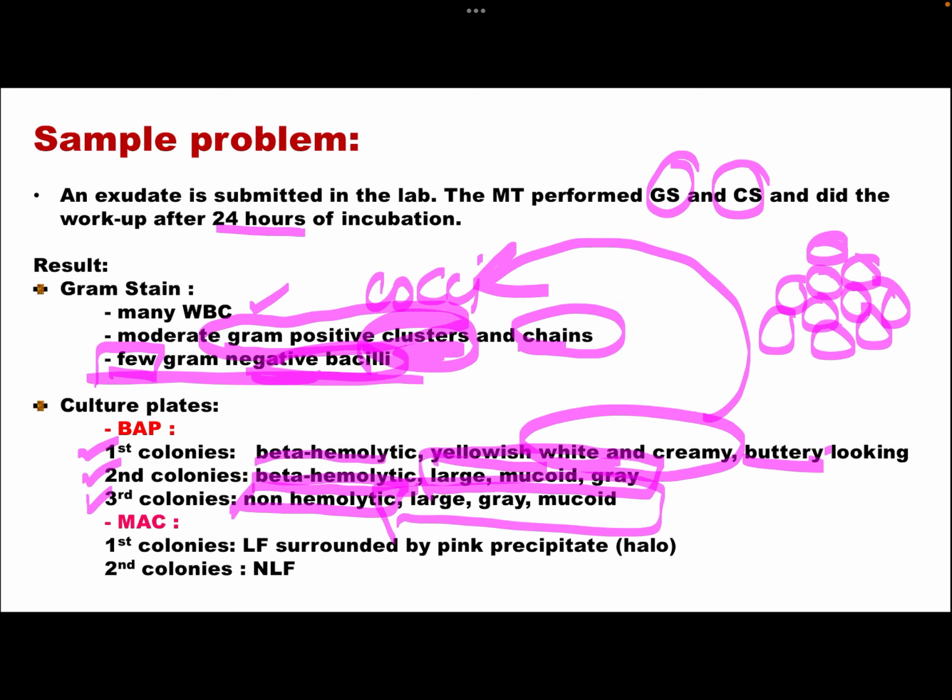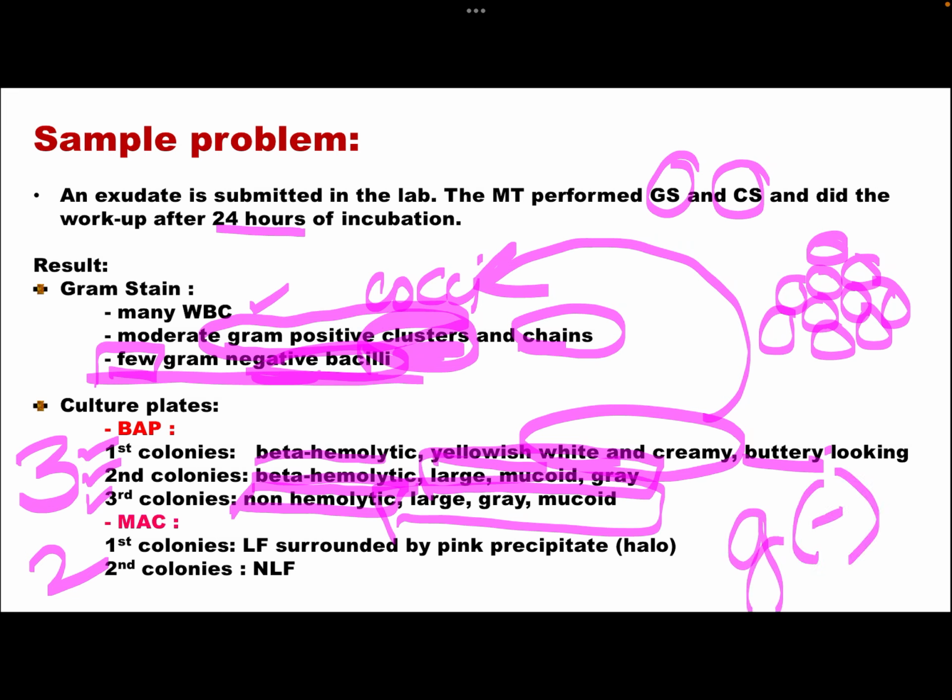And aside from that, colonies were also observed on MacConkey agar. In this case, you only have two colonies. Take note, in BAP, you have three colonies, but in MAC, you only have two colonies. Why is that so? Remember, MacConkey agar is supportive for the growth of gram-negative bacteria.